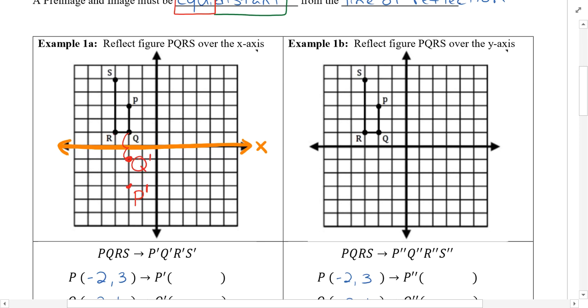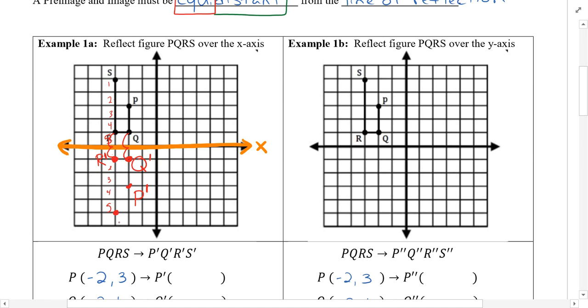And I'll do that for my other points. R is 1 square above, which means the image of R will be 1 square below. And we label that R prime. And then S is 1, 2, 3, 4, 5.